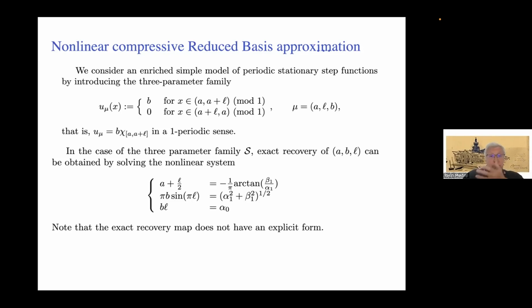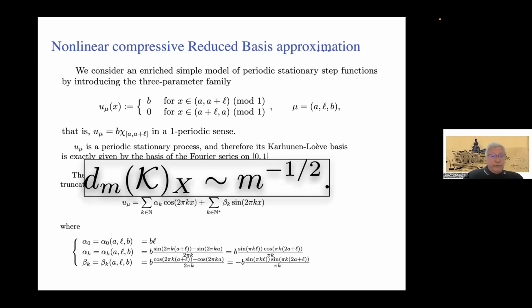Because of this, let me go back to the form of alpha k and beta k as an expression of A, B, and L. If I know A, B, and L from alpha 0, alpha 1, and beta 1, I know every coefficient alpha k, beta k, meaning that indeed the sensing dimension is less than or equal to 3, for m equal to 3.